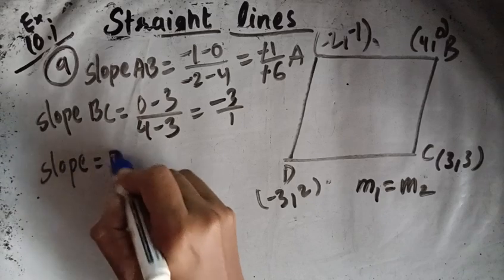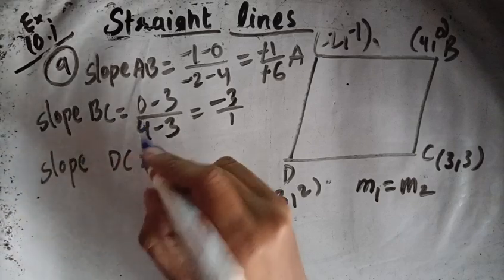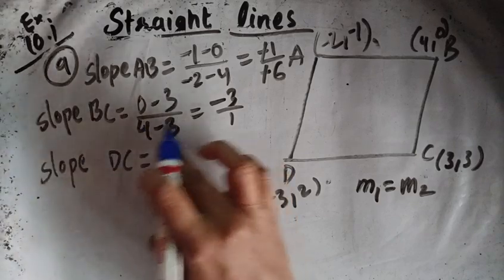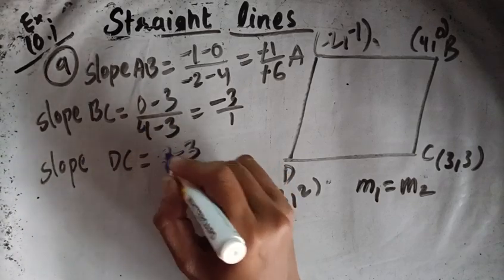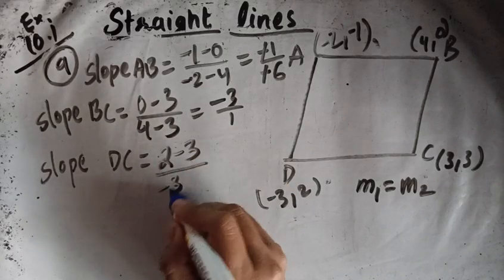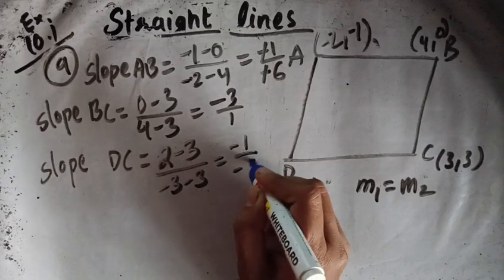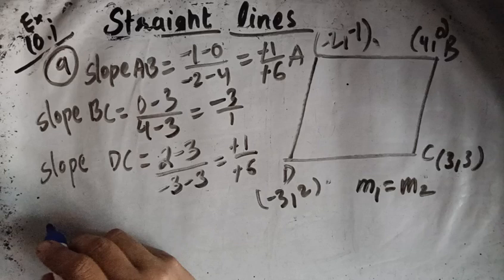Slope DC: minus 2 minus 3 upon minus 3 minus 3, 6. So 1 by 6.